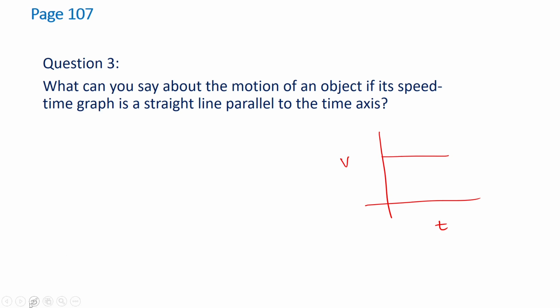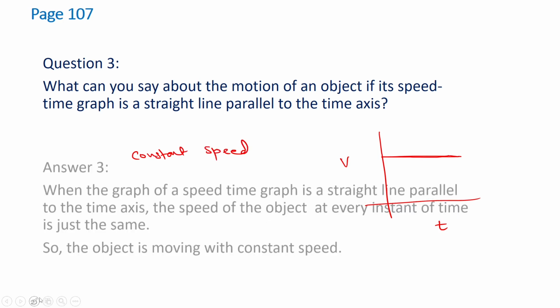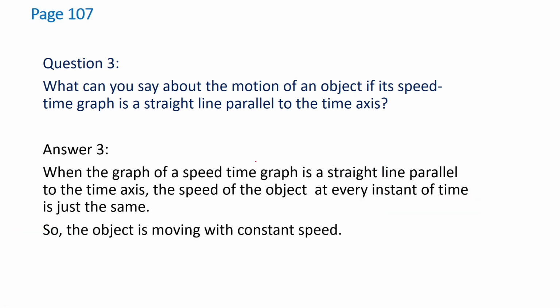The speed is not increasing, it is constant even as time passes. So when the speed time graph is a straight line parallel to the time axis, the speed of the object at every instant of time is the same. It means that the object is moving with a constant speed.